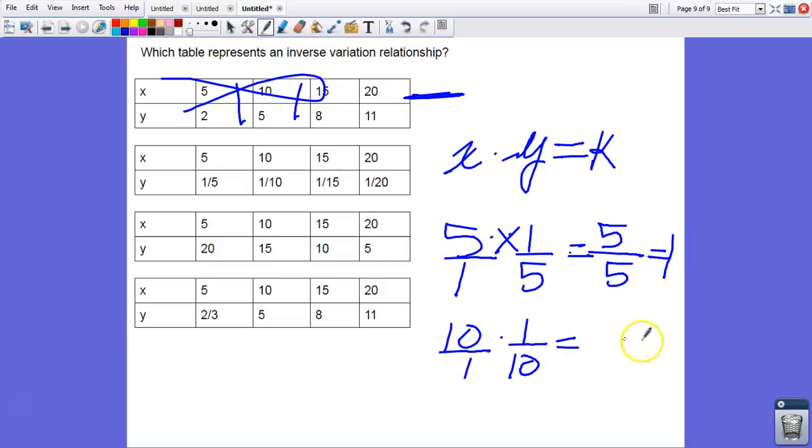And then you get 10 over 10, which is 1 again. 15 over, I think you see the pattern here.